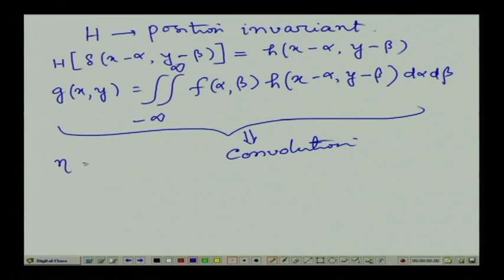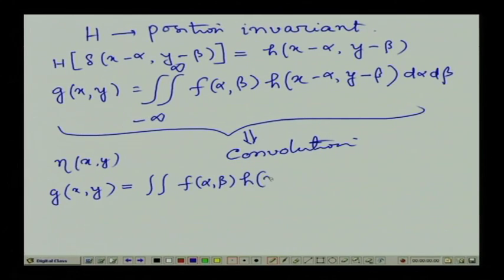And now, you find that earlier we considered this noise term eta(x, y) to be equal to 0. Now if I include this noise term eta(x, y), then our degradation model becomes simply g(x, y) equal to the integral of f(alpha, beta) h(x minus alpha, y minus beta) d alpha d beta, from minus infinity to infinity, plus the noise term eta(x, y).